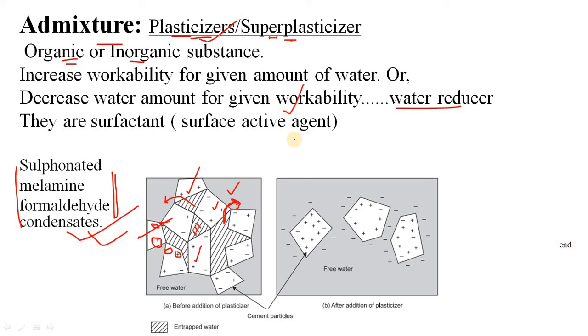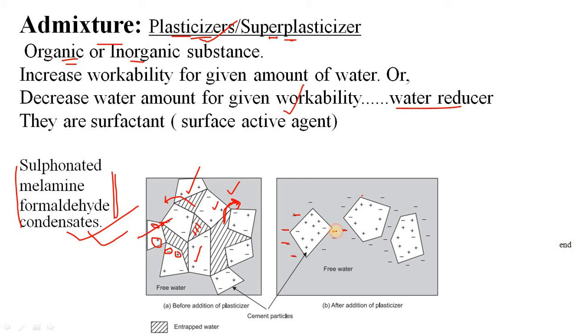What does this make? This creates an anionic layer. Anionic layer means negatively charged, around the cement particle. A throughout anionic layer is formed. Similarly, here another anionic layer is also formed.